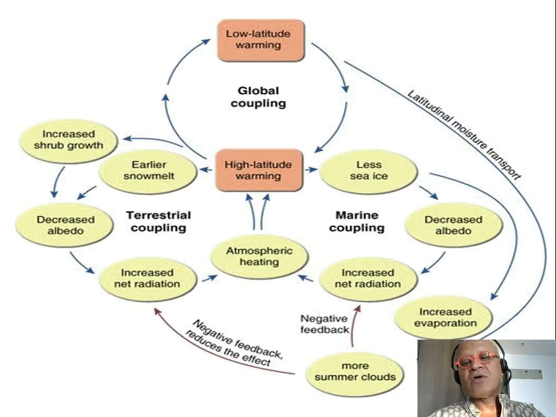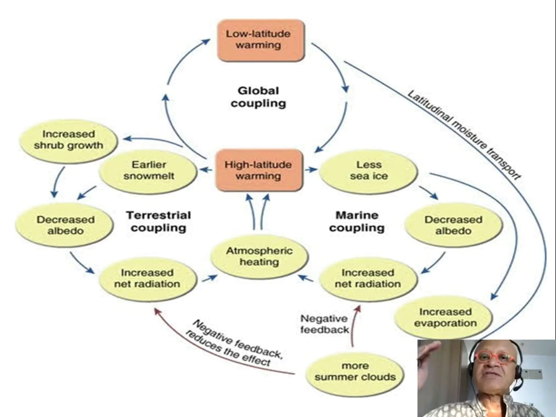They can also have a negative feedback and reduce the impact on net radiation, which is coming through earlier snow melt. Right? If you warm the higher latitudes, what's happening in the Arctic or over land is that snow falls, and then if it doesn't melt during the summer, more snow can fall on top.